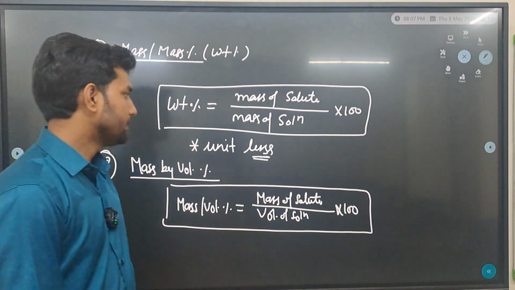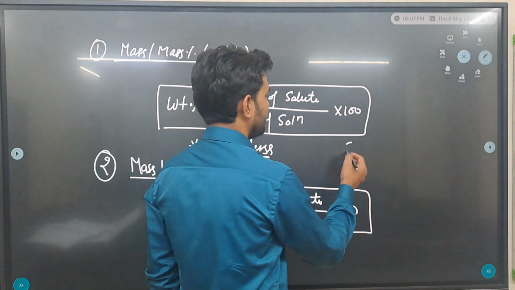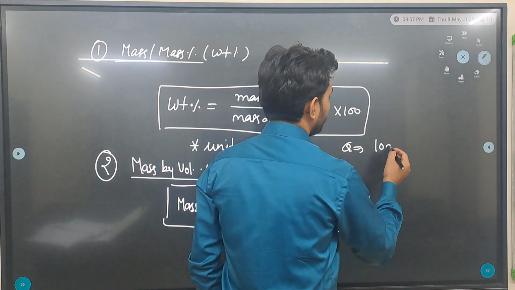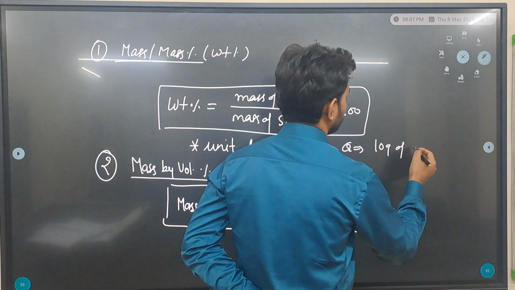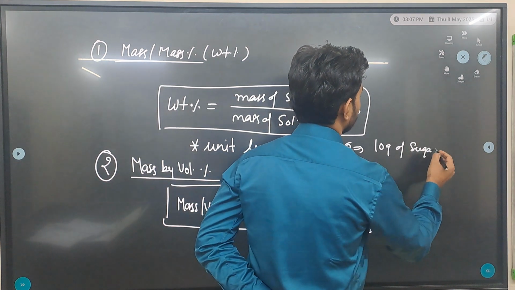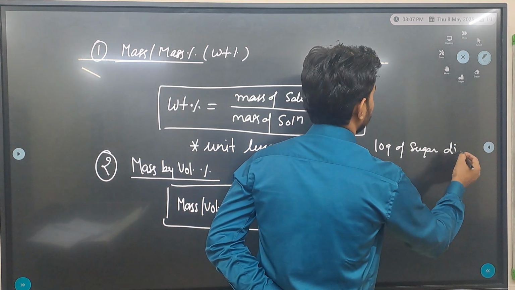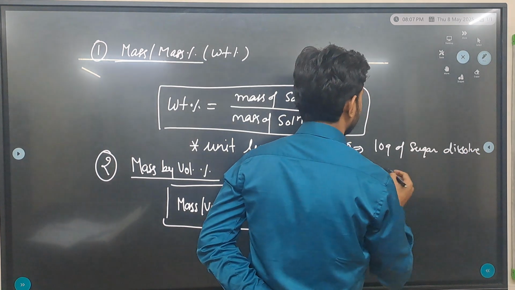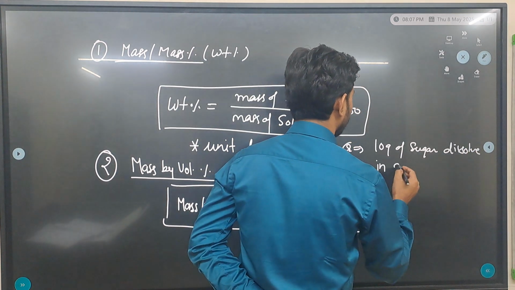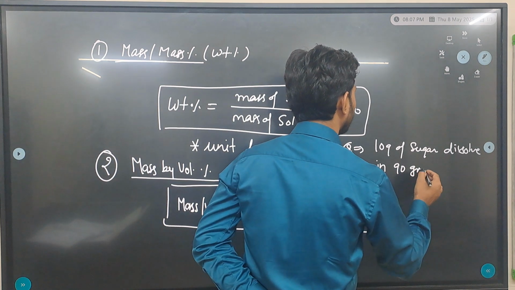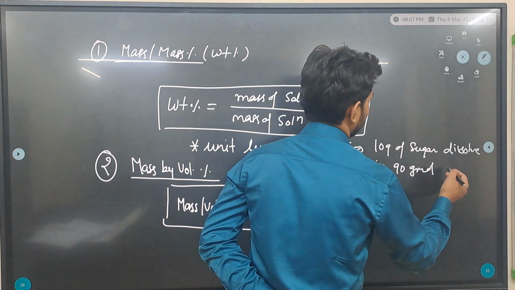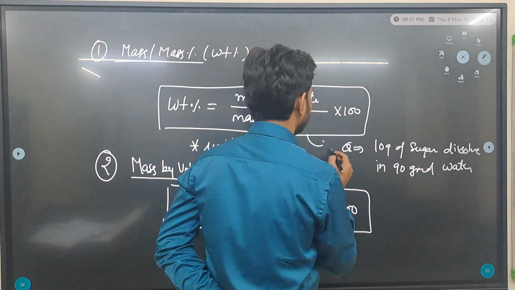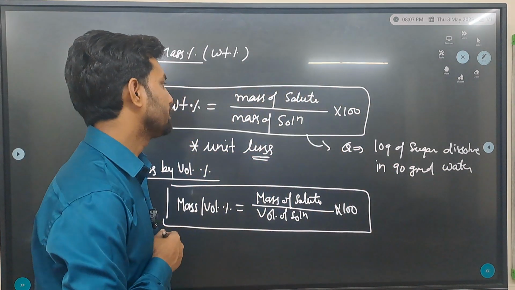Okay, for example, if a statement is given like 10 gram of sugar dissolved in 90 gram of water, so this statement is for mass by mass percentage.